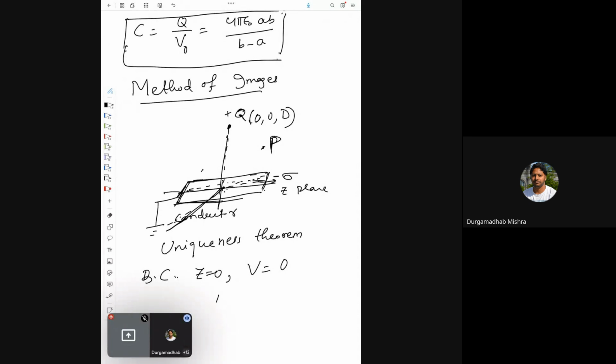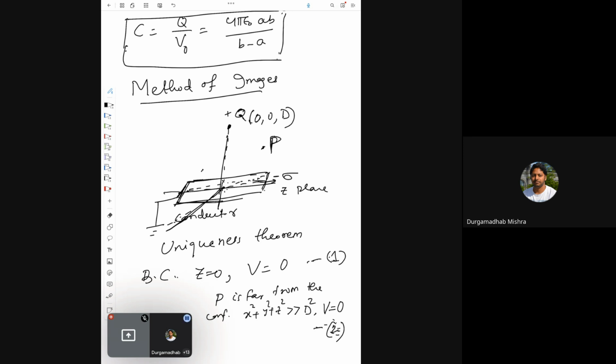If this point P is far from the configuration, then x squared plus y squared plus z squared is much greater than d squared. In that case your V will also be equal to 0. So this is boundary condition 1, and this is boundary condition 2. Any potential which we obtain from this configuration should satisfy these boundary conditions.